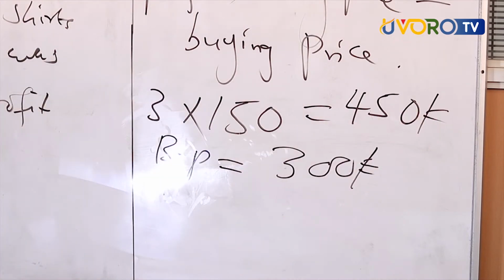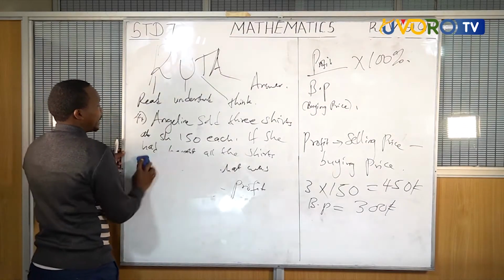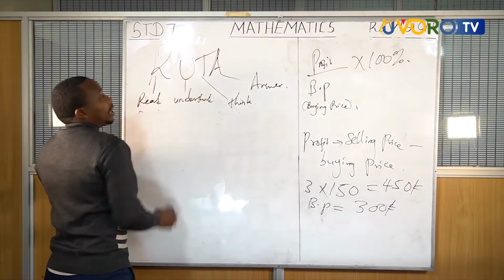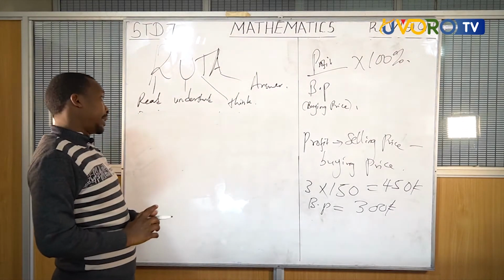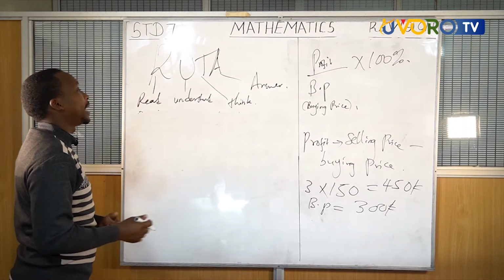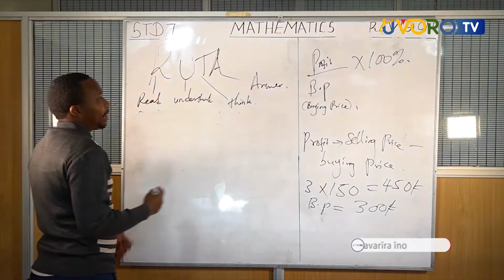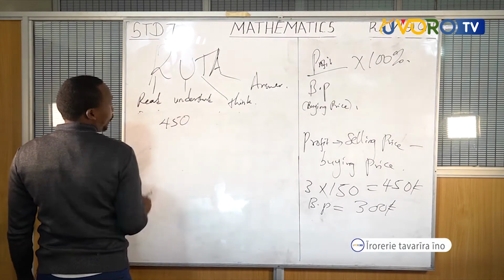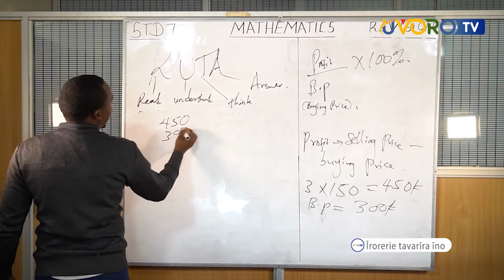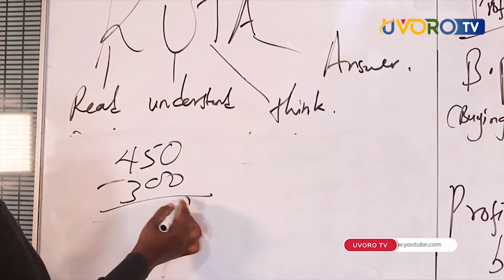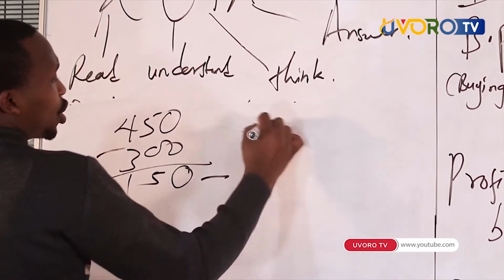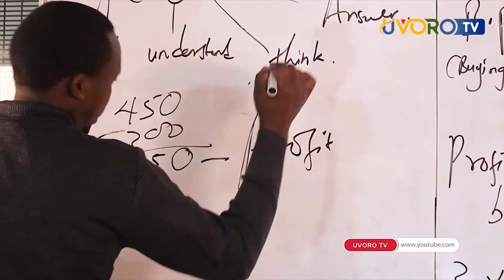Now, what was the percentage profit? As you can see, we have said that profit is gotten by selling price minus the buying price. Selling price, it is 450. Buying price, it was 300. 450 minus 300 is 150. This is what we call the profit.